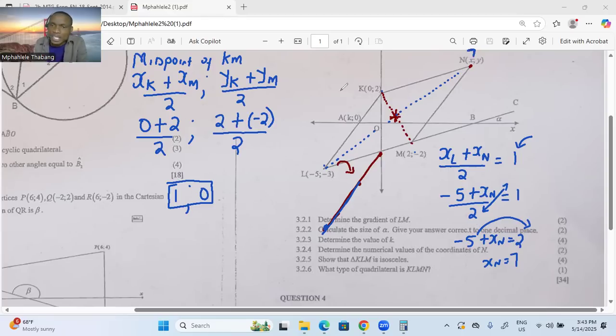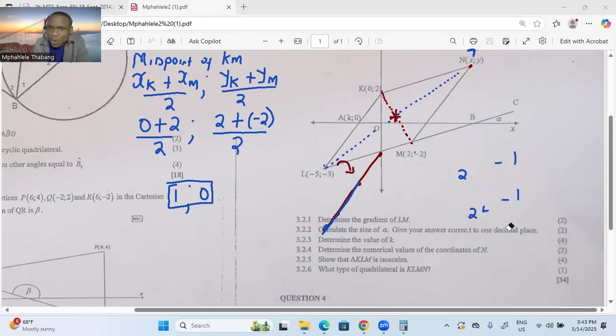Now I have to find the Y coordinate. How do I find it? I know the Y midpoint of LN. If I take Y at L and add Y at N and divide by 2, I should get 0. Remember, we said the Y midpoint of KM is 0, so the Y midpoint of LN is also 0.